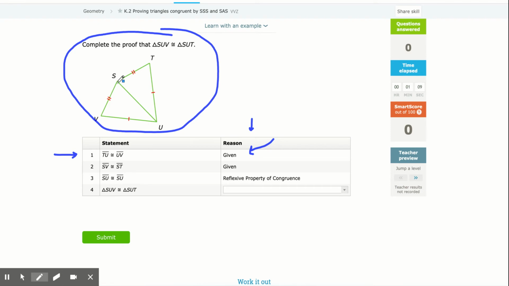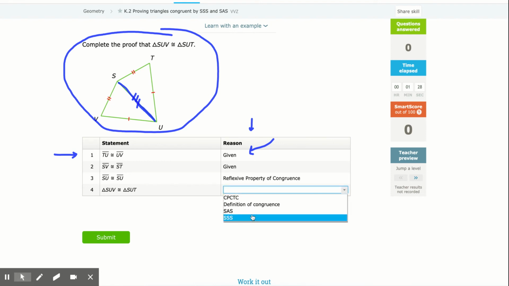This line that the triangles share is congruent to itself, right? That's what it says. SU is congruent to itself. Well, that's the reflexive property of congruency. And now by side, side, side, because this side is equal to itself, that's what we could click here, we say by side, side, side, the two triangles are congruent.